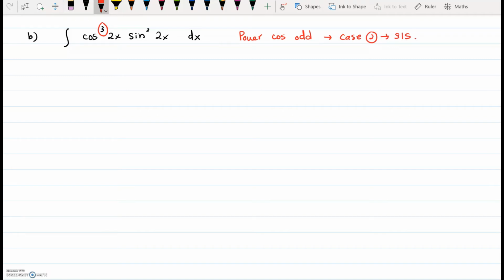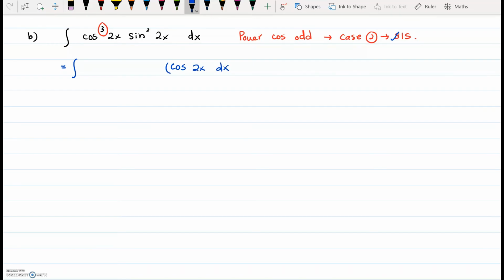Alright, firstly we will start with a split. Okay, so the first step is we will split. To split this function, we will write cos 2x dx at the back.